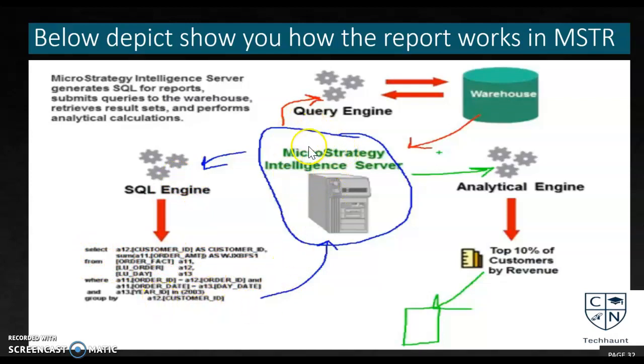Then there is a query engine, which goes to your data warehouse, and your data warehouse sends back the results to your MSTR. MSTR stores those results in memory, performs the calculations, and sends the results to your analytical engine, which performs those calculations and then sends the results back to your customers and your users.